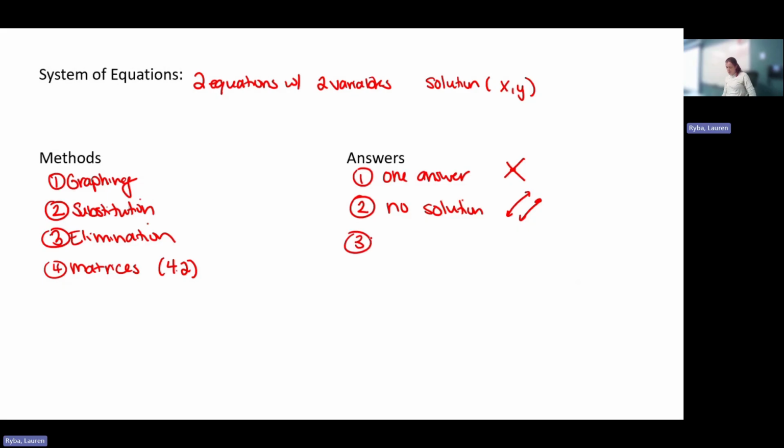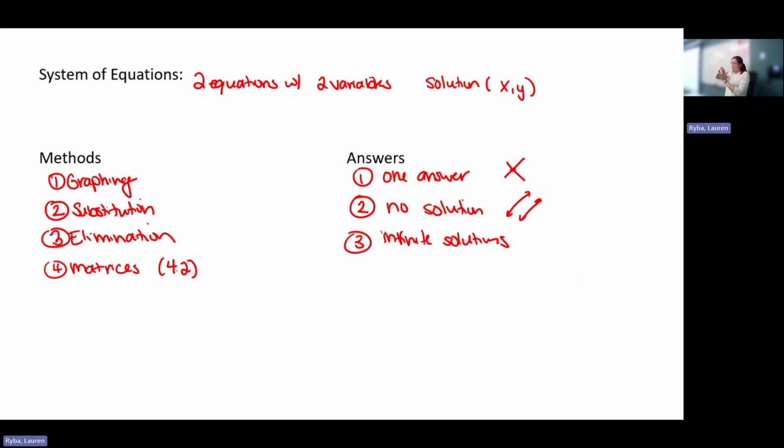The last one is when we have infinite solutions. And what happens here is the equations are disguised, but they're identical. So when you look at them, they don't look identical. They don't both say 2x plus 5y equals 10.